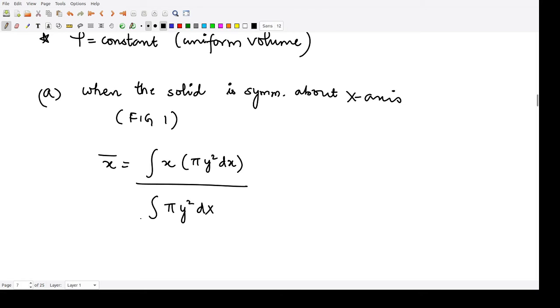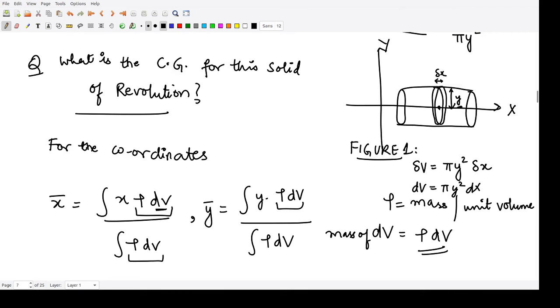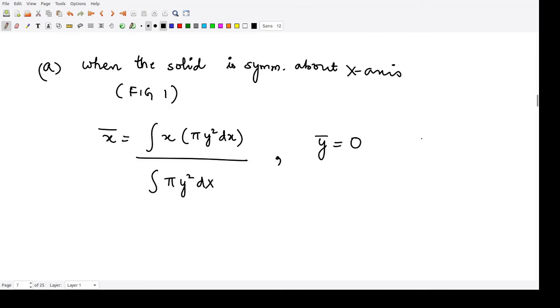That is the total mass. And what would be the coordinate for y? It would simply be 0, because in this case the center of gravity lies on the x-axis.